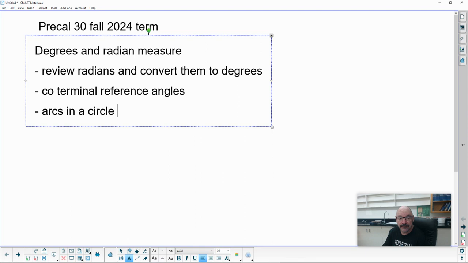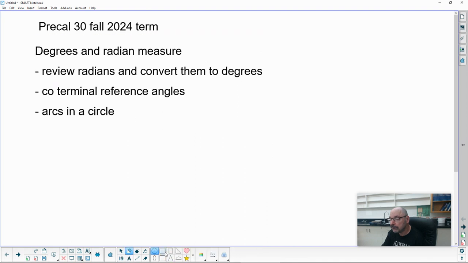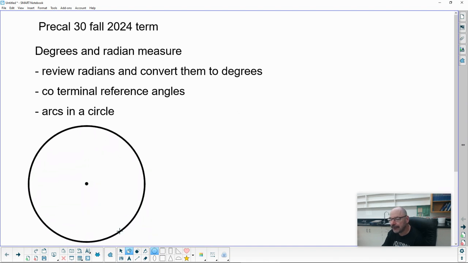Okay. So first we'll start with radians. So if I do a circle here, let's just draw one. And there's my center. And we have some type of an angle in here, so let's draw in a fairly large angle.